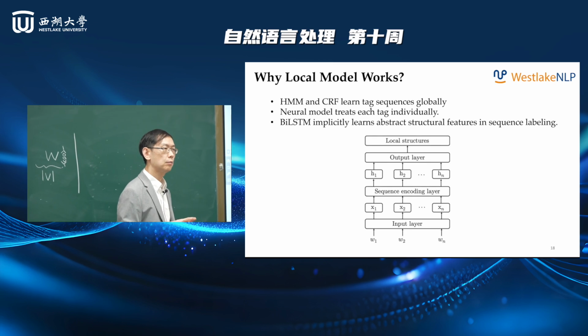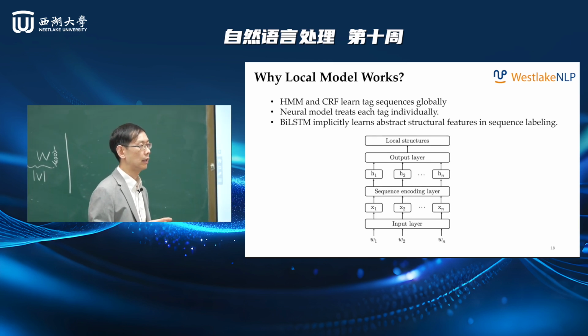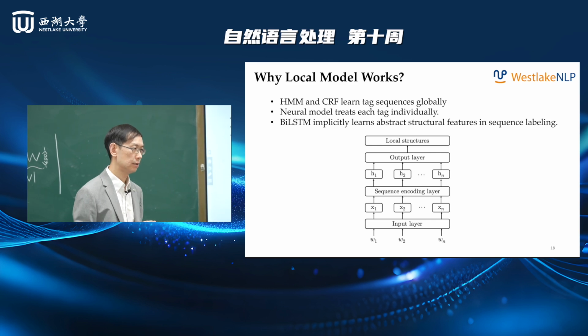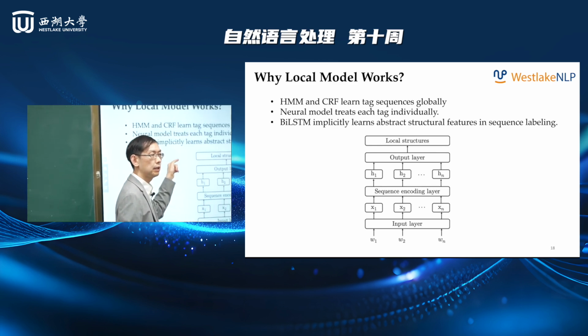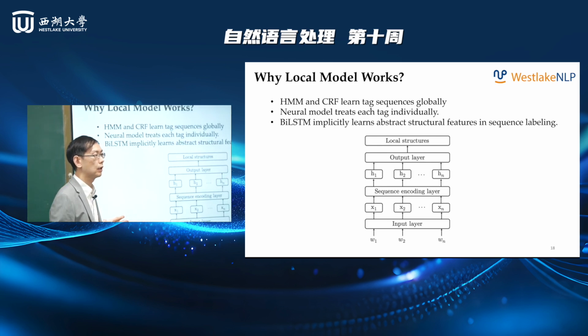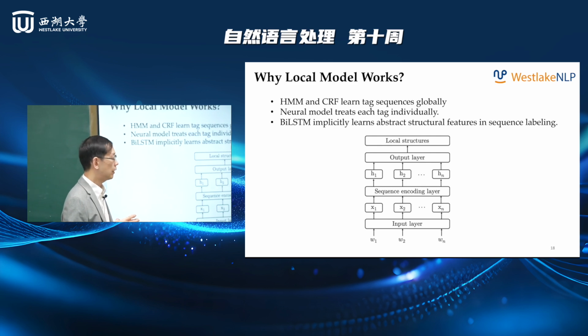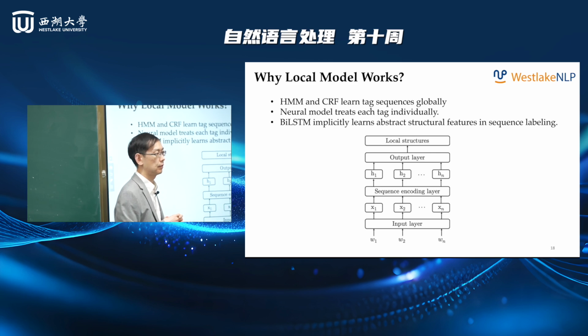It turns out that this model works very well, even surpassing the accuracies of conditional random fields. Why is that so? It's because although we don't explicitly model tag-tag dependencies as a feature, we have a very rich nonlinear representation of the input sequence.